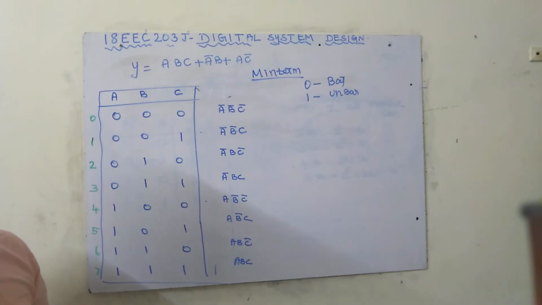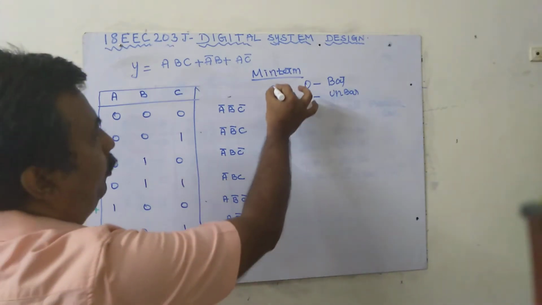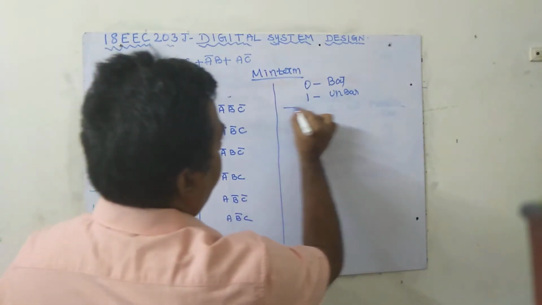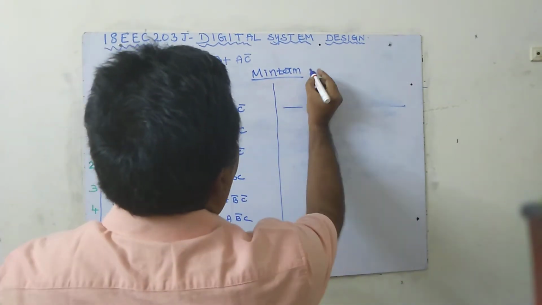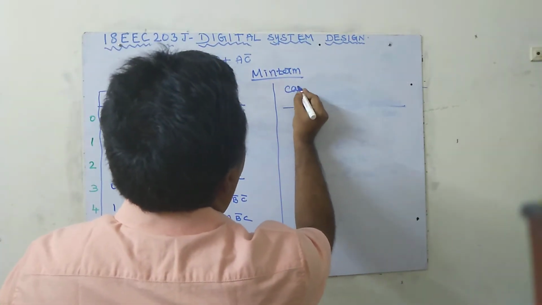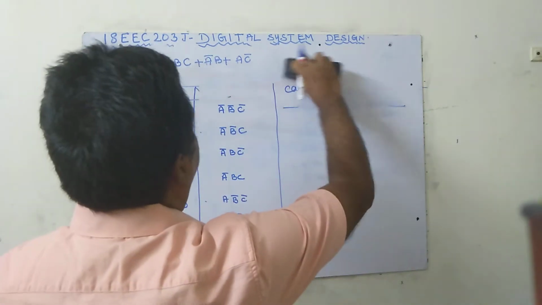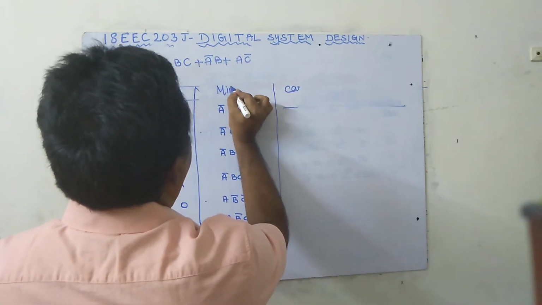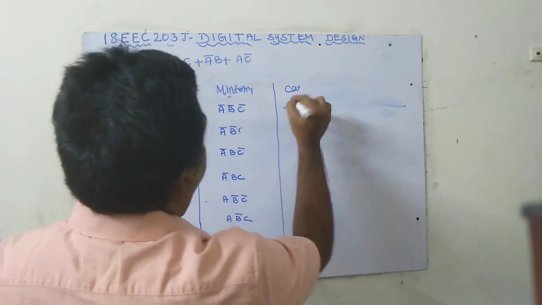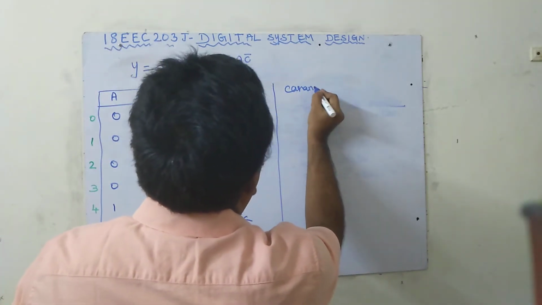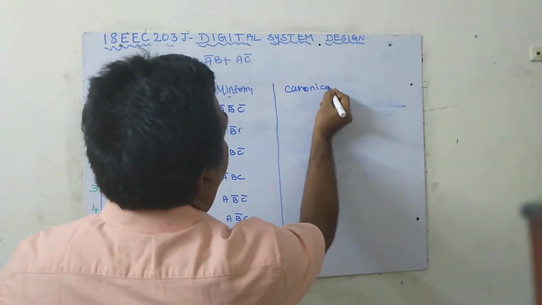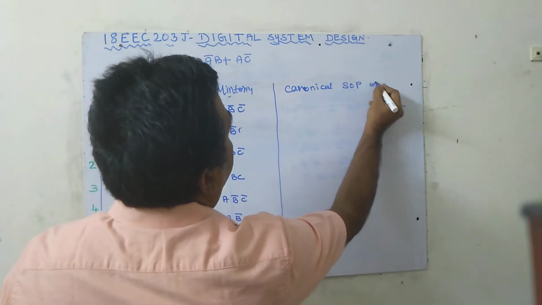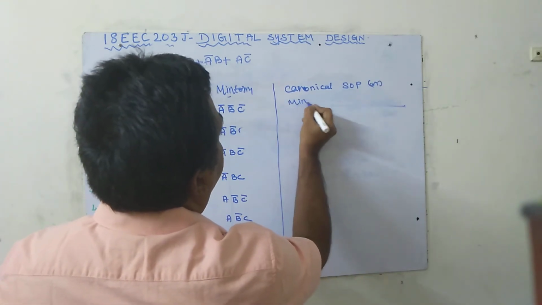Now, canonical SOP form. Next I am going for canonical SOP form, the min term canonical form.